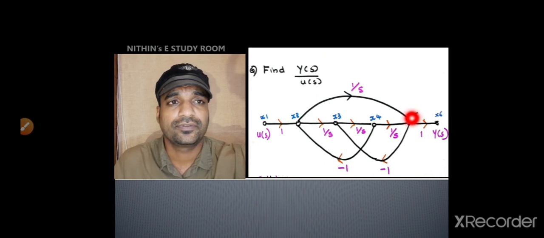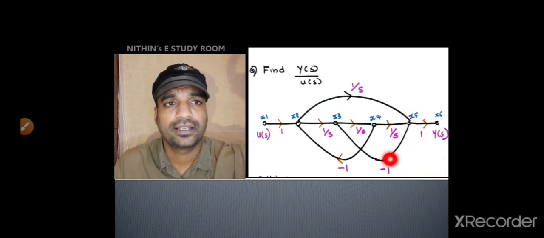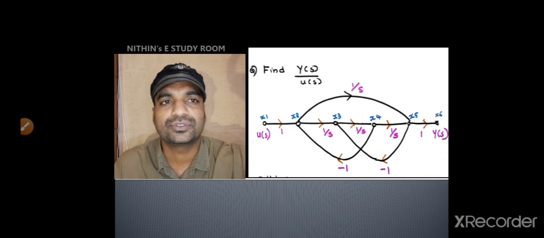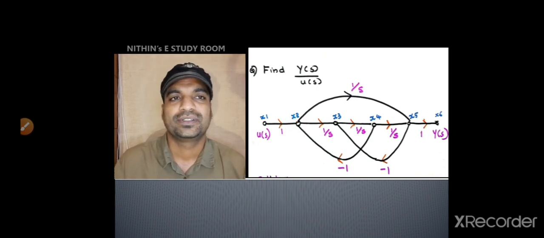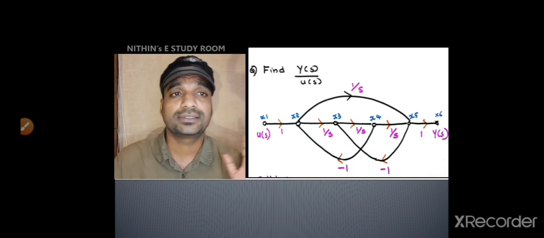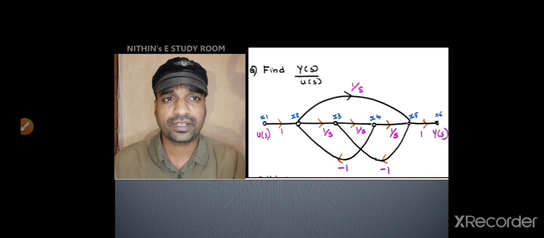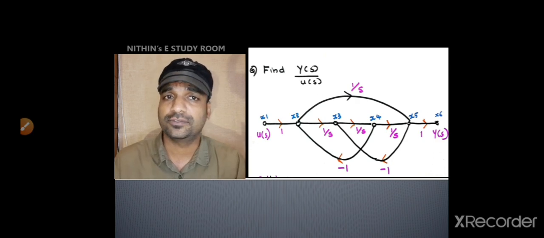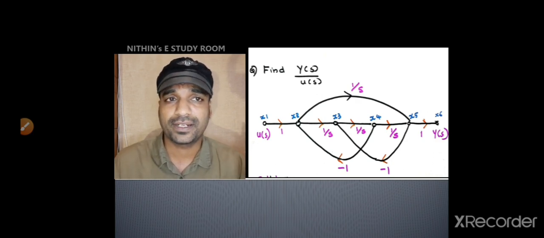x2, x5, okay, x3, okay, x4, okay, x2. What were the conditions? We are not allowed to travel through any node more than once. That is satisfied. And all the directions of arrow marks are consecutive or successive. No opposing arrow marks are appearing.